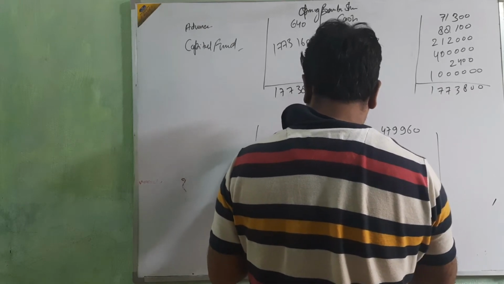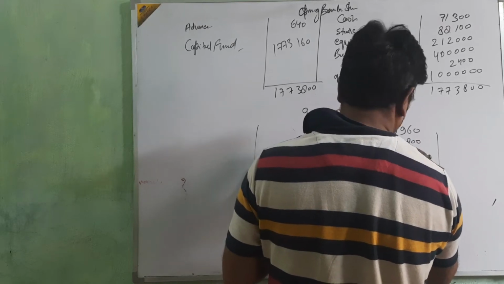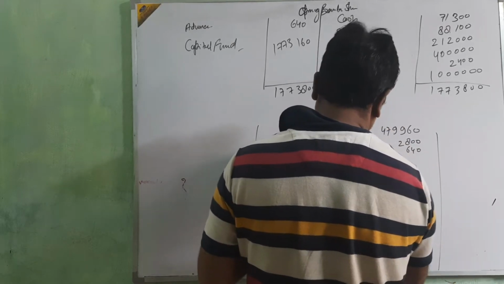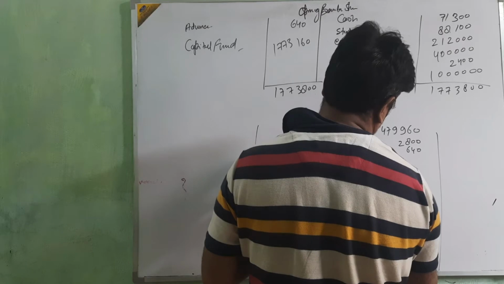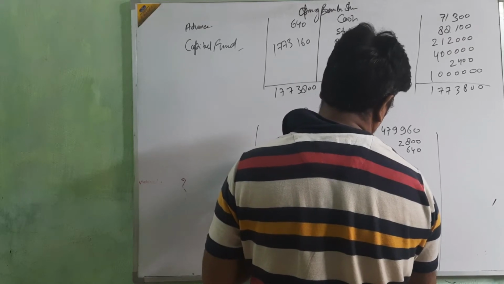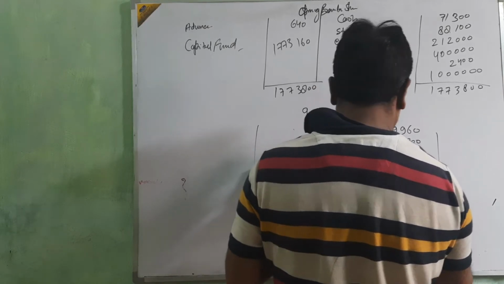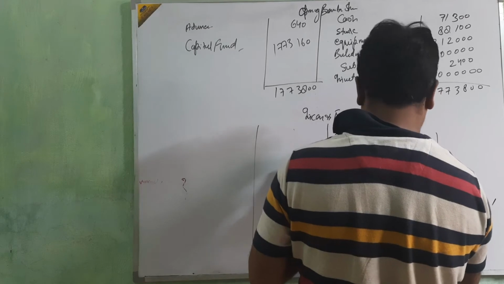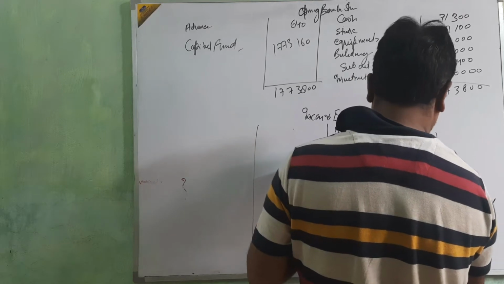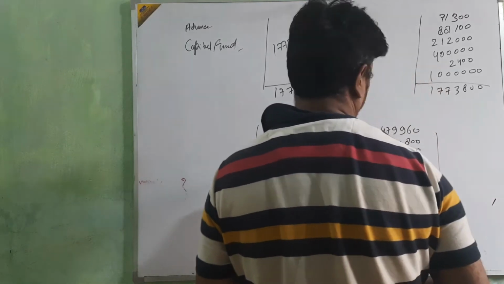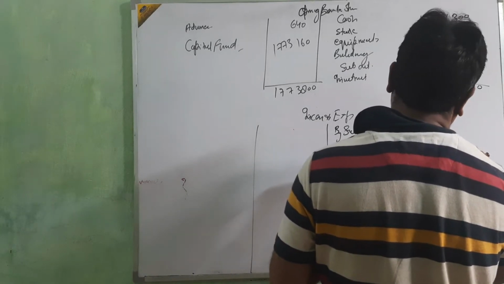Outstanding current year is 2,800, advance last year is this, then less outstanding last year and advance current year. Outstanding last year is 2,400 and advance current year is 1,000. Net adjustment is 40 rupees only, so 479,900.